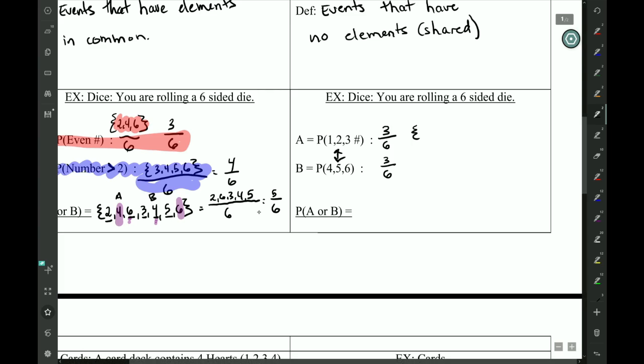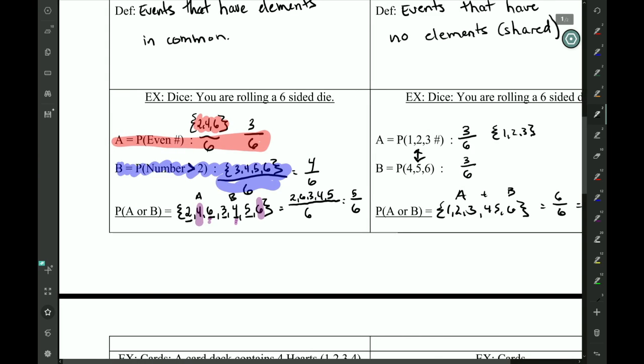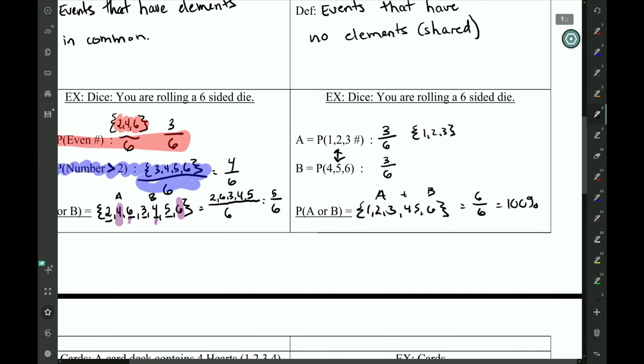If I were to write them out, 1, 2, 3, so that's A, and then I add that to B, 4, 5, 6, nothing repeats. Basically if you roll a die, you're going to get one of these numbers, so it's 6/6, or 100%. Overlapping events share something, mutually exclusive events do not.